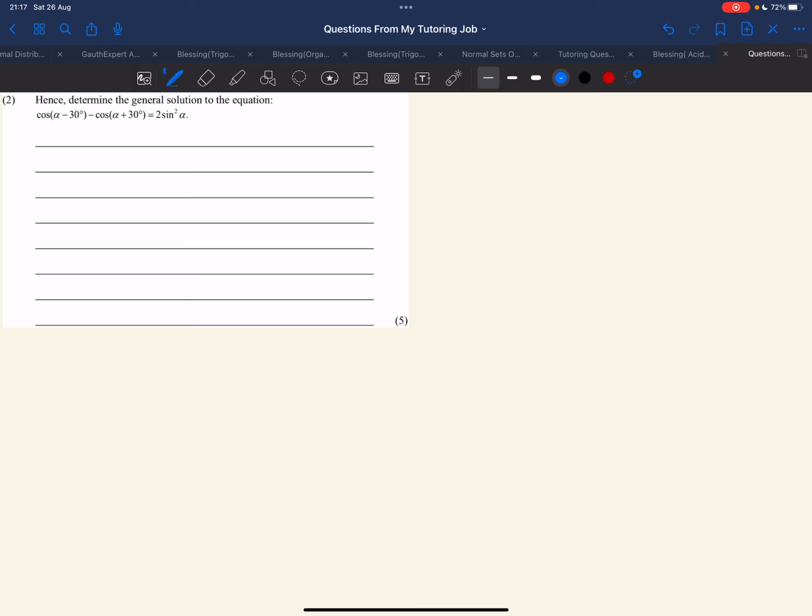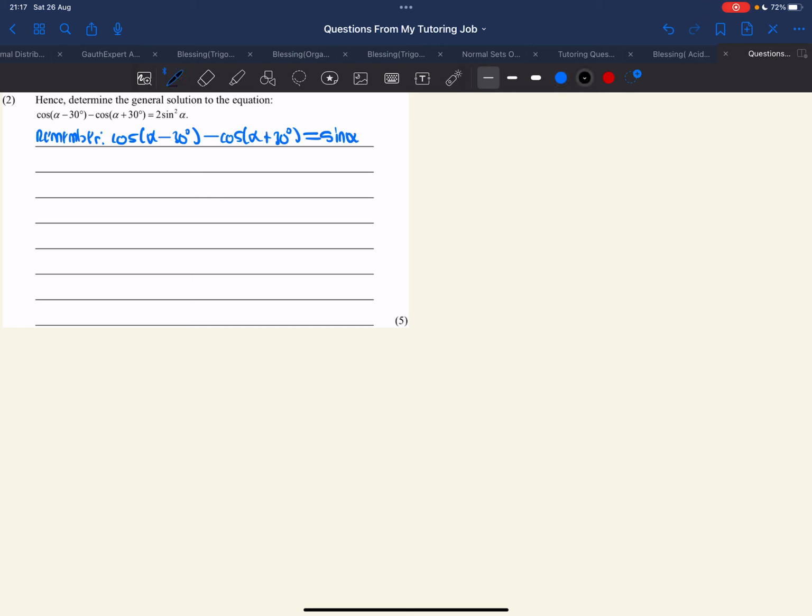Now remember that from our previous question, we have already proved that cos(alpha minus 30 degrees) minus cos(alpha plus 30 degrees) basically equals sine of alpha. All right, now that's what we're going to use there.